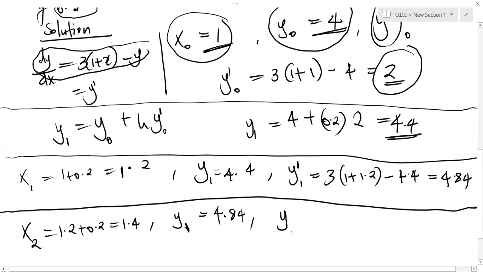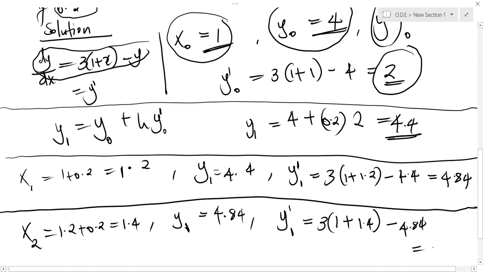Then what is our y prime of 1? Y prime of 1 will be given by this equation here. The only thing we are replacing is now the value of x and y. Are we together? So the value of x at this instance will be 1.4 and the value for y will be 4.84. So our equation is going to look like this: 3 into 1 plus, instead of x, we have 1.4 minus, instead of y, we have 4.84.